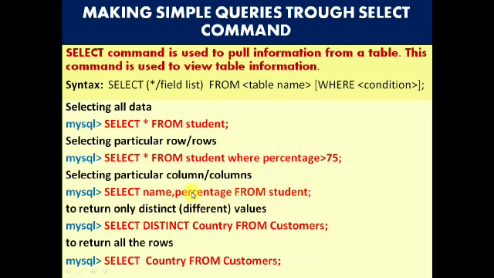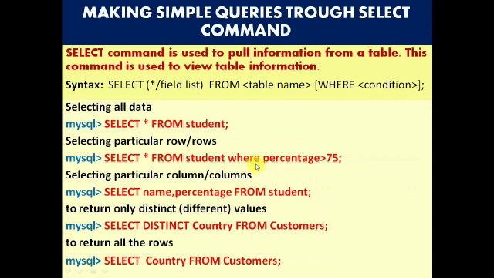In this query we are selecting all the rows, meaning if the total number of records is 1000, it will display 1000 records, but it will not select all the columns. It will select only two columns, name and percentage. So try to understand the difference between this second query and third query.